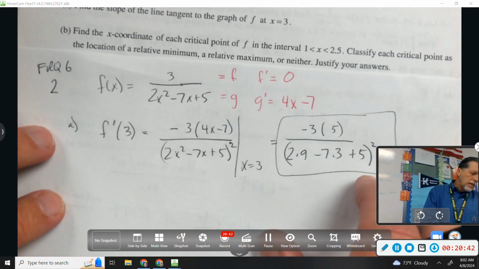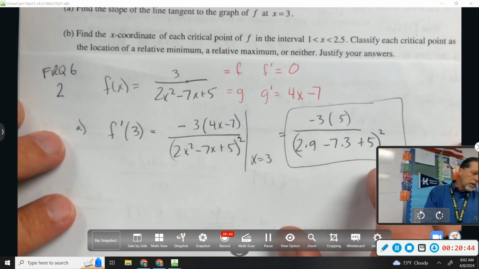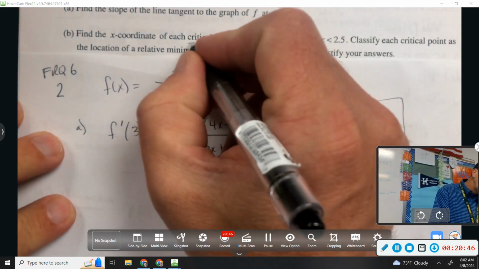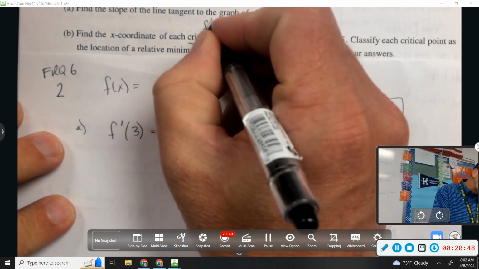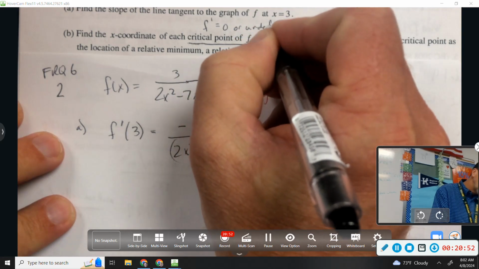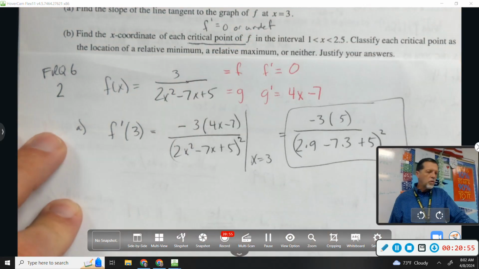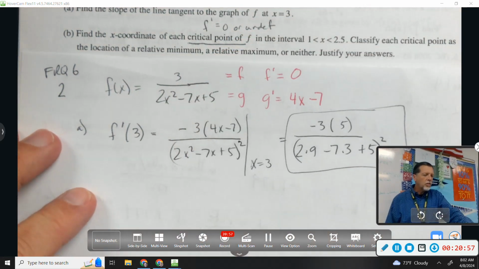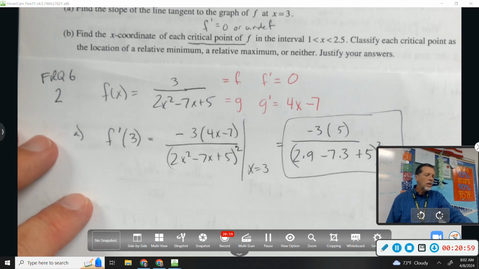Part B. Find the x-coordinate of each critical point. So that's f prime is 0 or undefined. Between 1 and 2.5, classify each critical point as a location of a relative min, max, or neither.